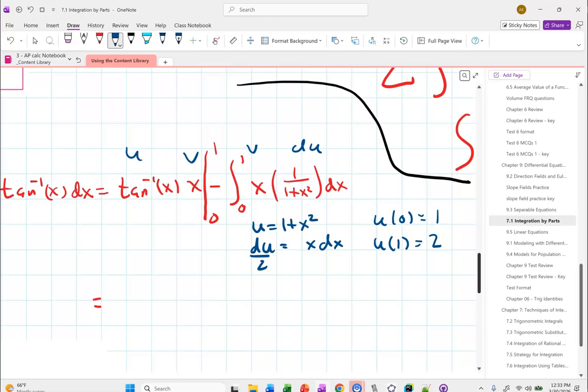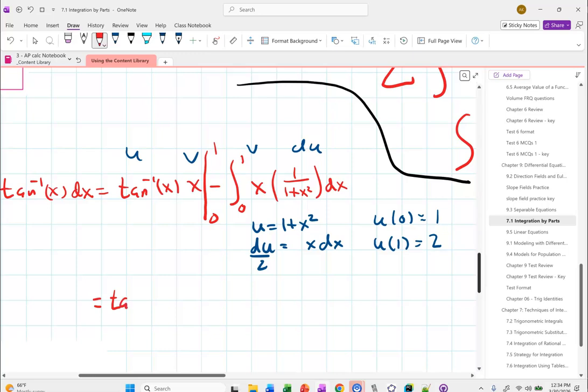Is everybody okay with how I found the new bounds for my integral being 1 and 2? I plugged 0 into x for 1 plus x squared. That gives me 1. And I plug 1 into 1 plus x squared. That gives me the 2.